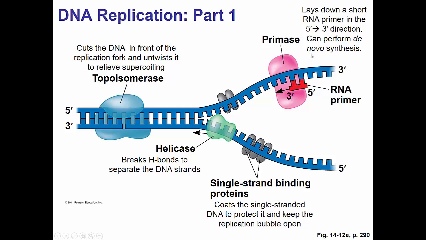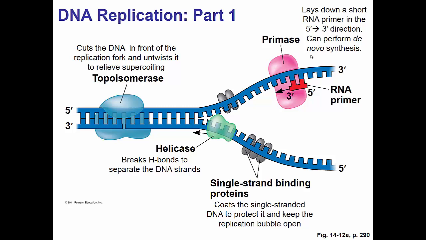And primase is a really important enzyme because, unlike DNA polymerase, our next enzyme, it can perform de novo nucleic acid synthesis. So de novo is a Latin phrase that means from nothing. So essentially, it can put two nucleotides together from scratch.